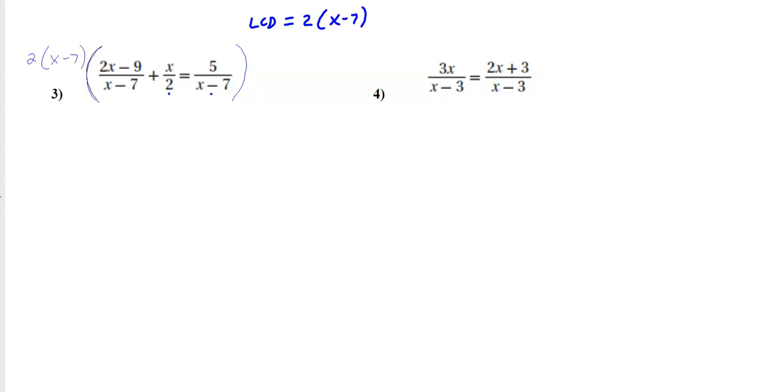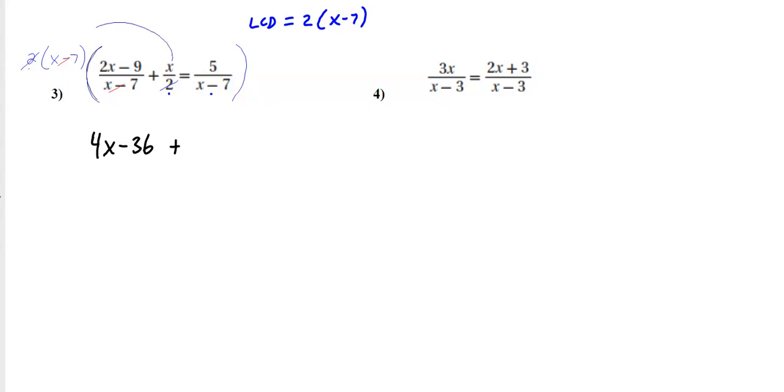And, you know, when I multiply it times this first term, this x minus 7 and this x minus 7 goes away. So I really just have 2 times the top expression. So that's going to give me 4x minus 36 plus, well, now in the next expression, this 2 down here is going to cancel with that 2.